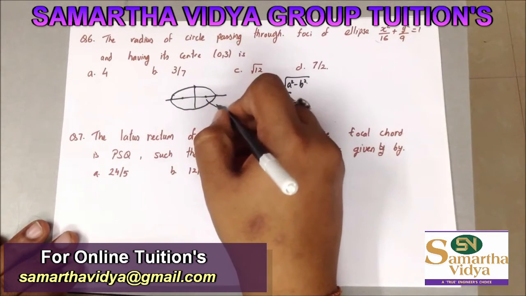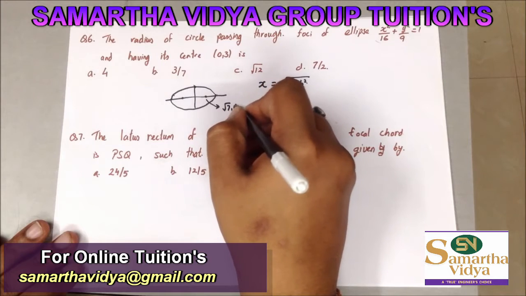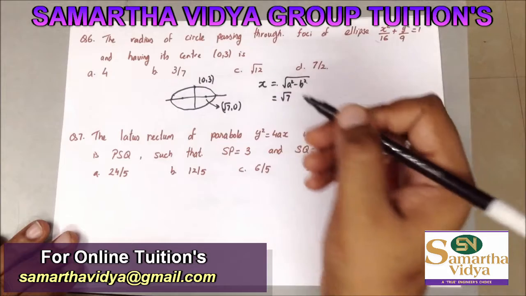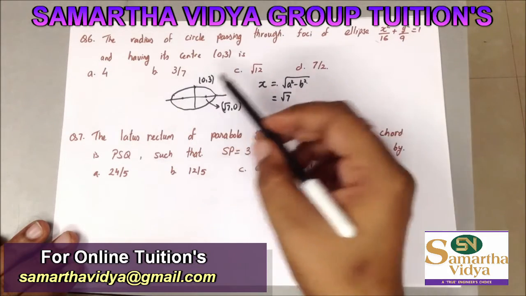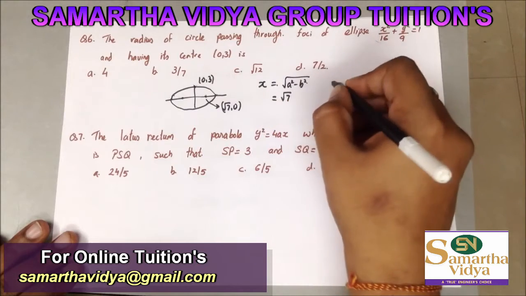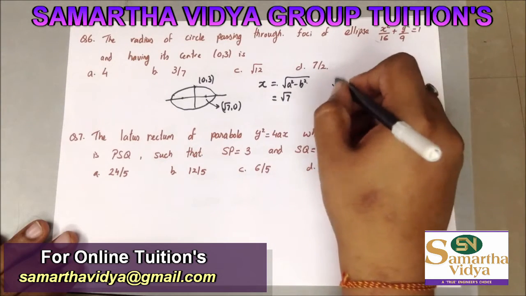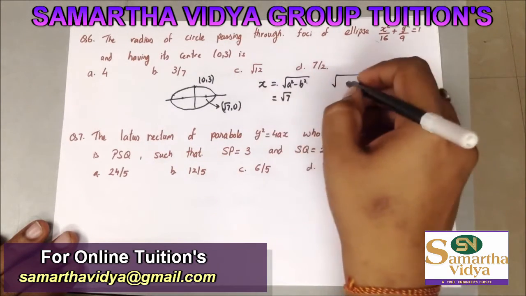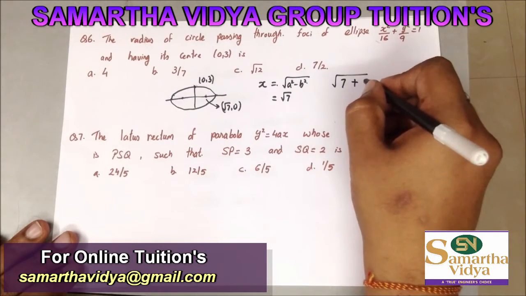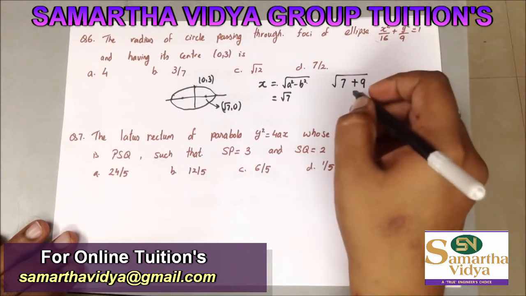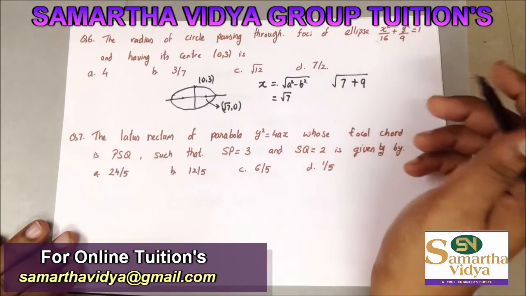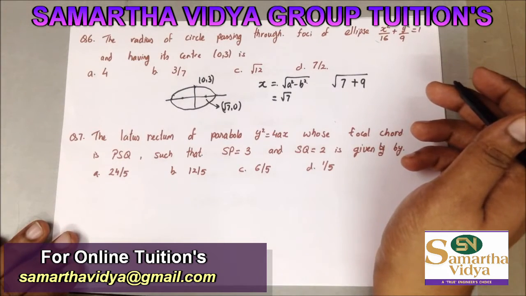So the coordinate for this particular point is root 7 comma 0. And the center, as we know, is 0, 3. If I find the distance between these 2 points, that's going to be the radius of the circle. Using the distance formula, that's the root of root 7 square, so that's 7, plus 3 square, that's 9. So 9 plus 7 is 16, and the root of that is 4. So that's your option A.